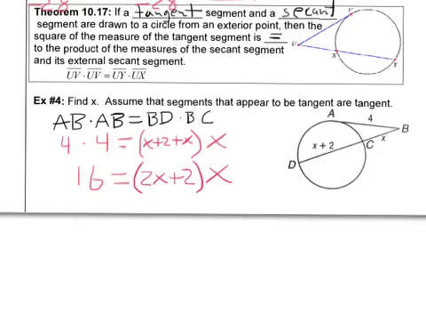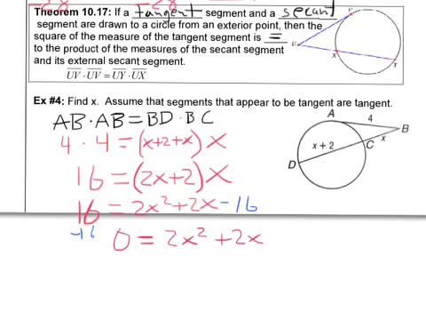So I'm going to distribute that x through, and I get 16 equals 2x squared plus 2x. And again, we have a quadratic equation. So we are going to need to set it equal to 0. So I'm going to subtract 16 and subtract 16. And so I get 0 equals 2x squared plus 2x minus 16.